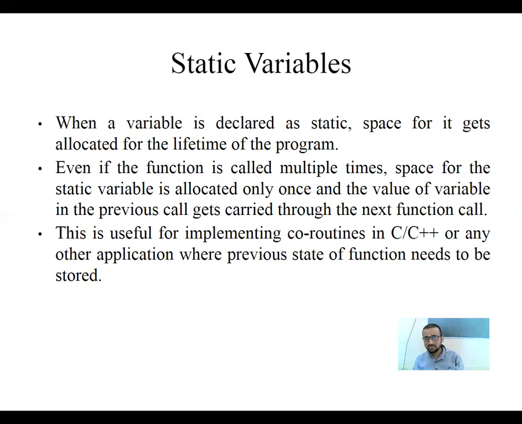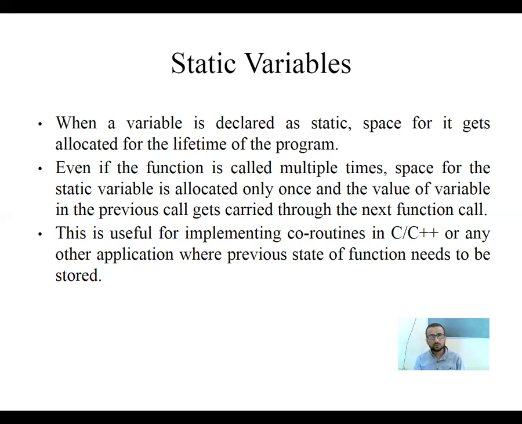So even if the function is called multiple times, the space for that static variable is allocated only once. We are not going to allocate the memory for that particular static variable each and every time.